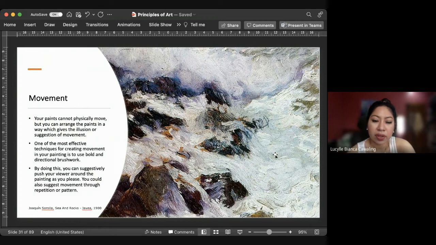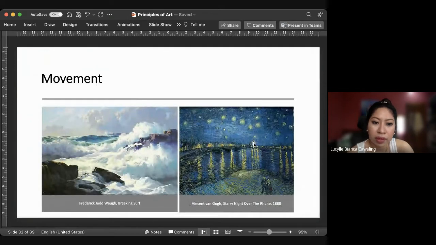So if you see it here, the movement here is because of the brush strokes. So this is another painting by Frederick Judois, Breaking Surf, and another painting by Vincent van Gogh, Starry Night over the Rhone.